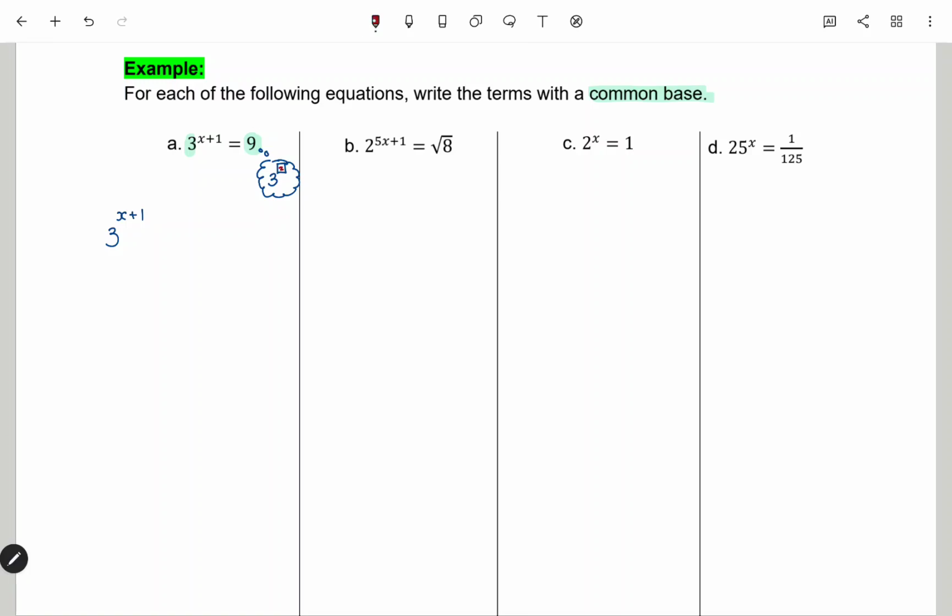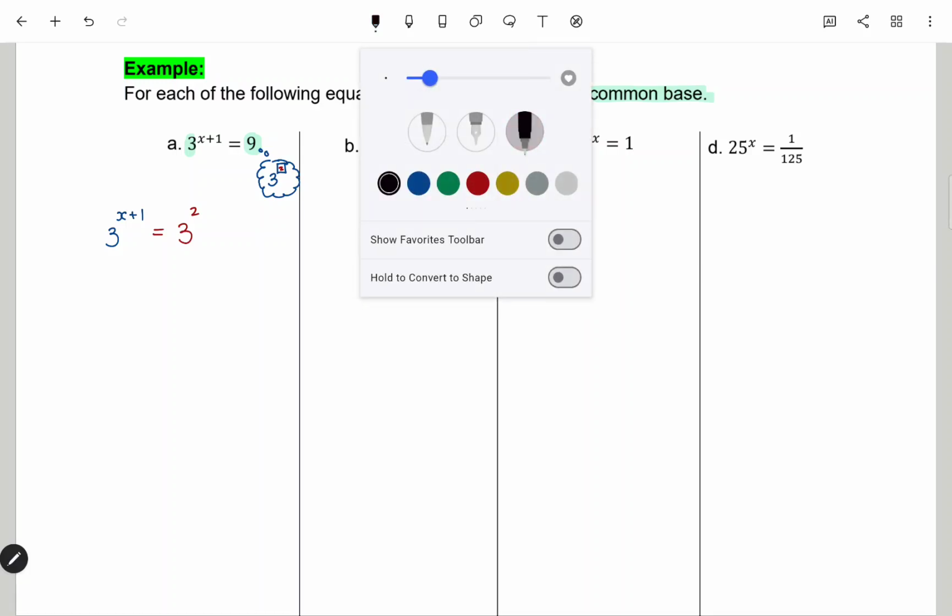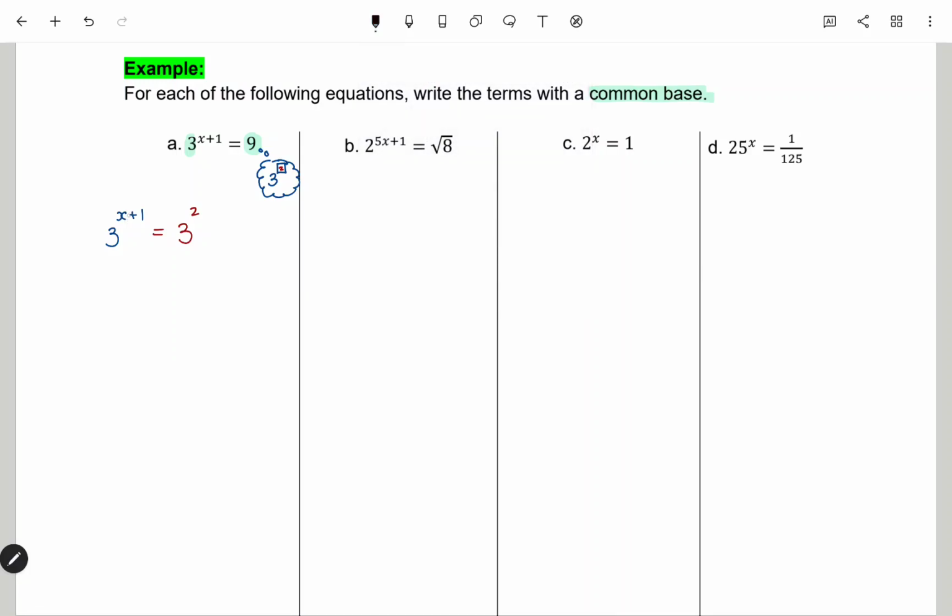So instead of writing 9, we can rewrite this as 3 to the power of 2. So now that my bases are the same, we just have to focus on making the exponents the same.